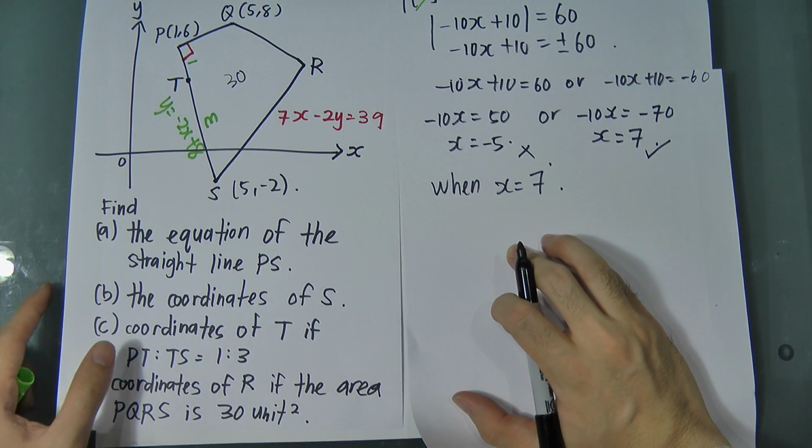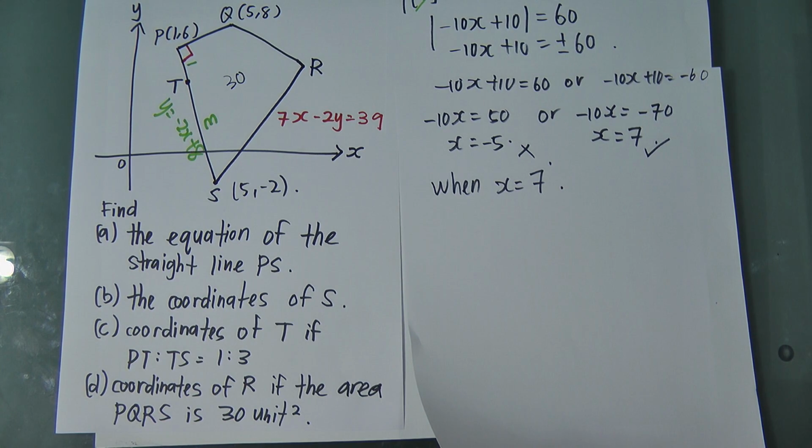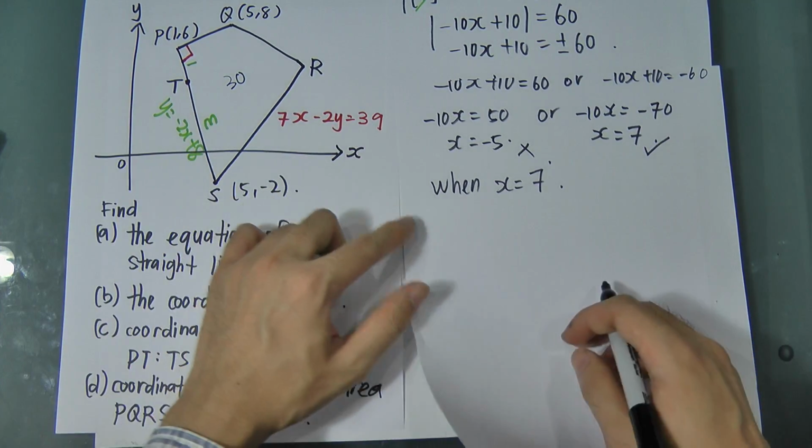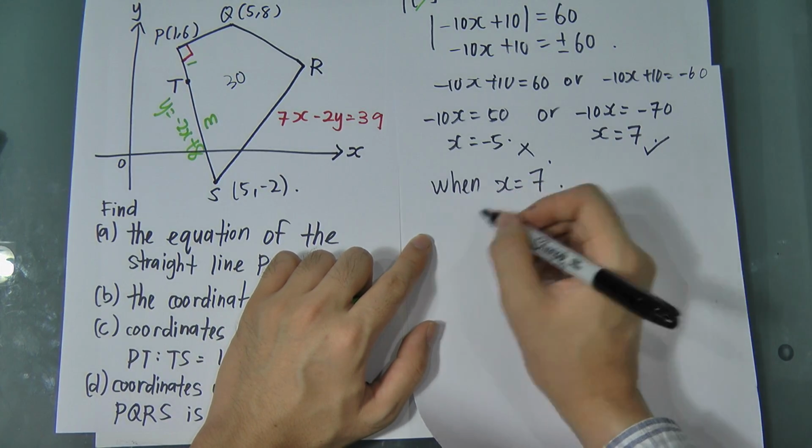Let's find the equation of, do I have the equation of QR? Just let me check. I think we have the equation. We substitute over here, RS, because we need to find R, right? So I'm going to substitute into RS.